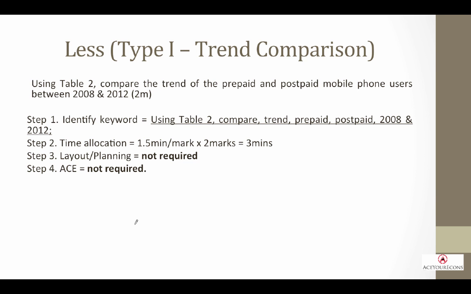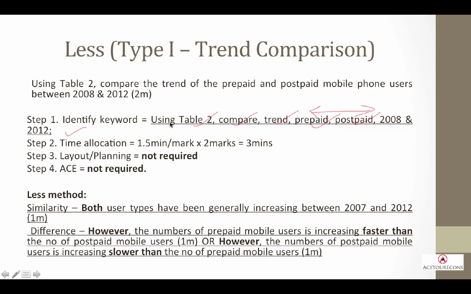So here are the keywords that you need to note. Using table 2, compare trend, prepaid, postpaid, 2008 to 2012. So you need to compare these two variables across a time frame. Let's look at the similarity first. We realize that both user types have been generally increasing between 07 to 12.